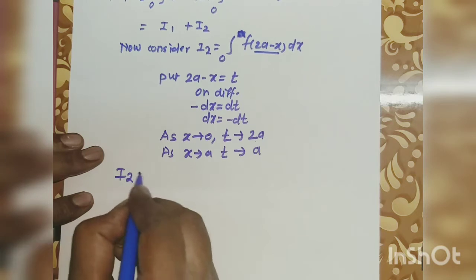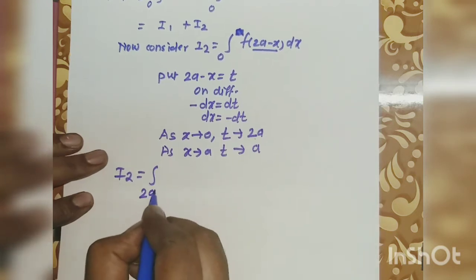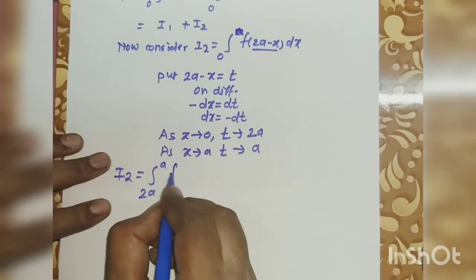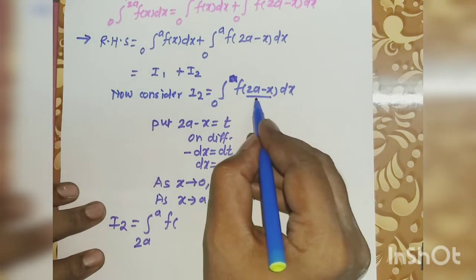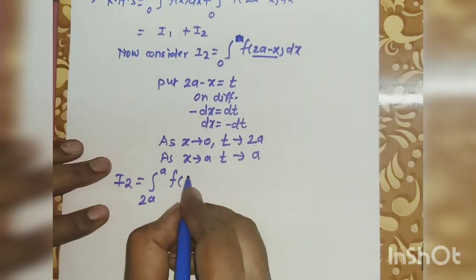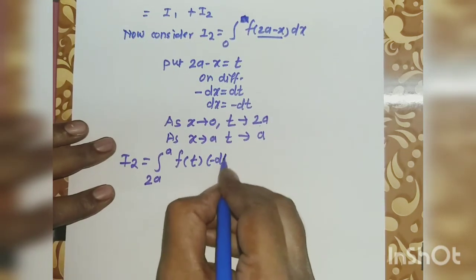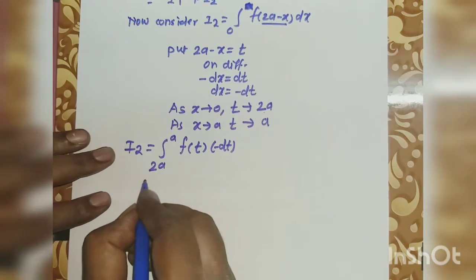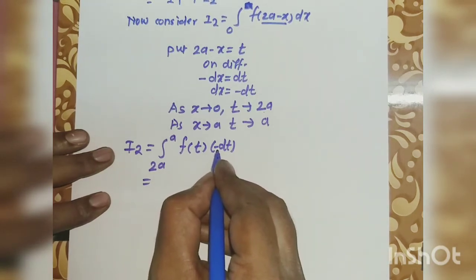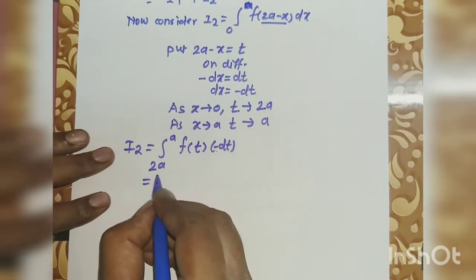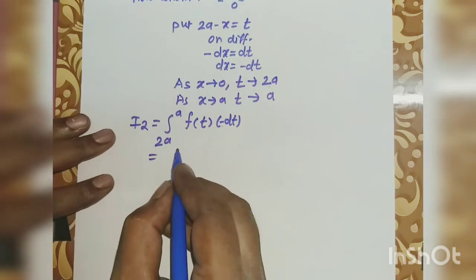Therefore, I2 is equal to integration of 2a to a of f of, in place of 2a minus x is t, f(t), and the value of dx is minus dt. This negative sign can be converted to positive by interchanging the lower and upper limits.